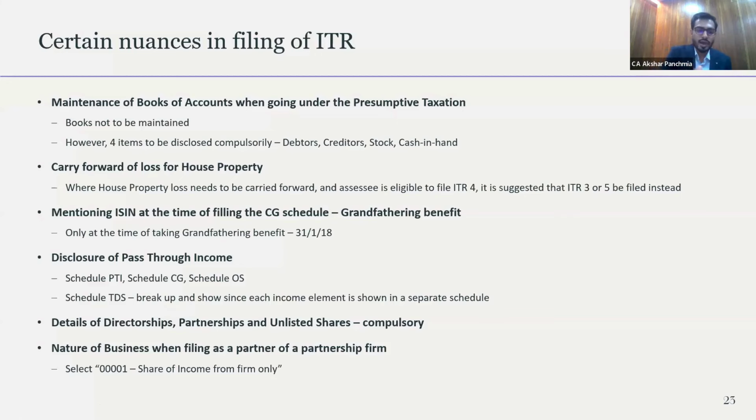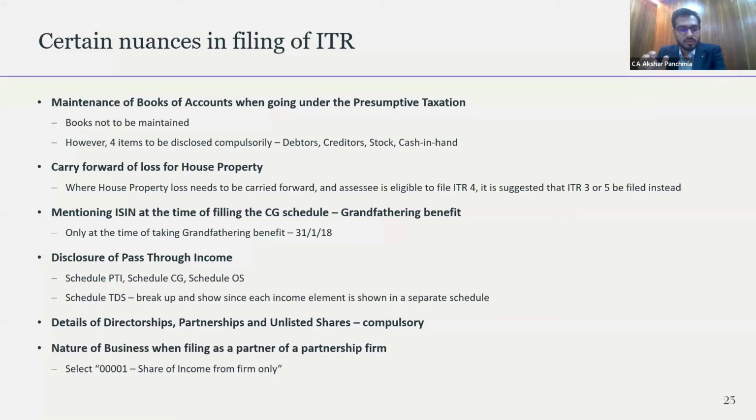But if you have different incomes being shown in Schedule Capital Gain or Schedule OS, then the income tax department is not going to read it as one whole income and will not apply that one whole TDS to capital gains and OS themselves. Therefore, you must break it up for them and give whatever TDS is applicable to one element and whatever TDS is applicable to the other element. Otherwise, it might throw up a mismatch, and in 143(1), it will give you an unnecessary demand.